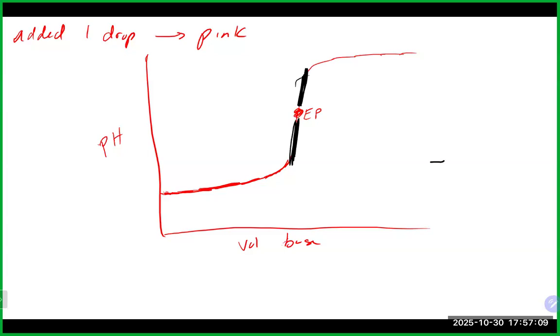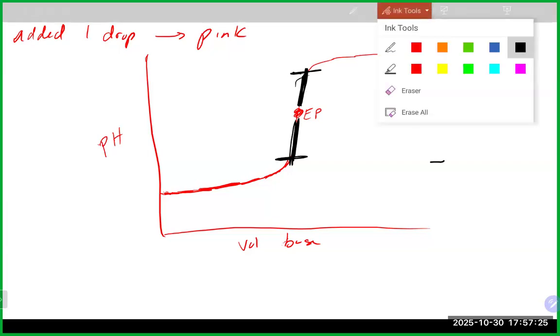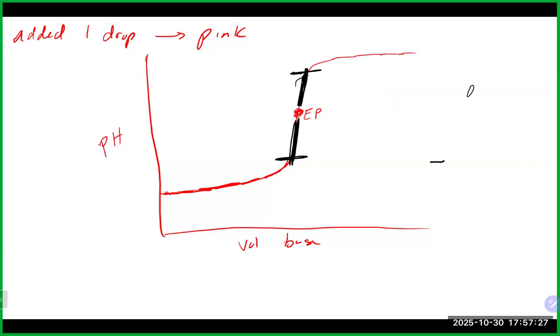And that's really important, for example, for why you see, hey, I just added that one drop and it went super pink on me. That is because as we go from here to here, the volume is not changing a heck of a lot. Anywhere down there, if you draw a straight line, you're pretty much on the same volume.